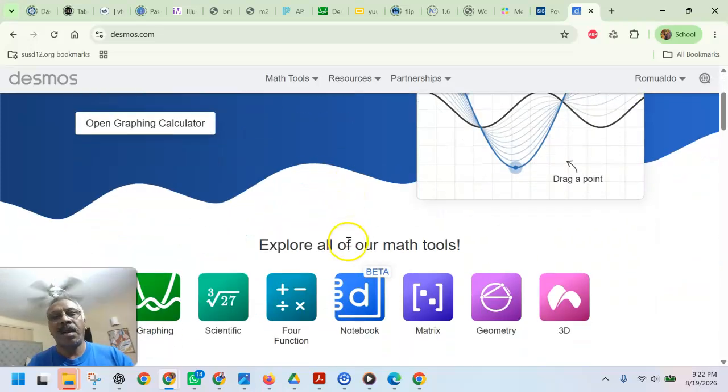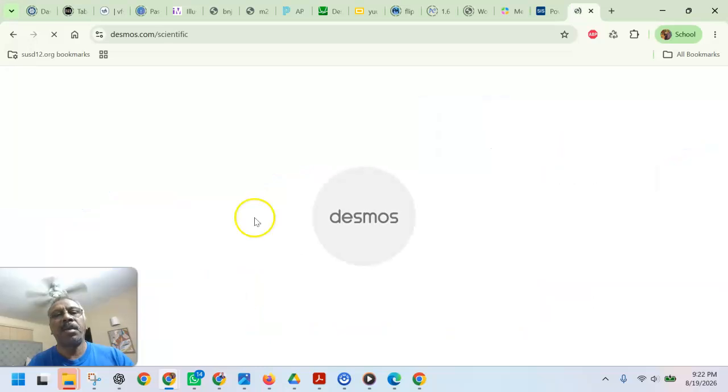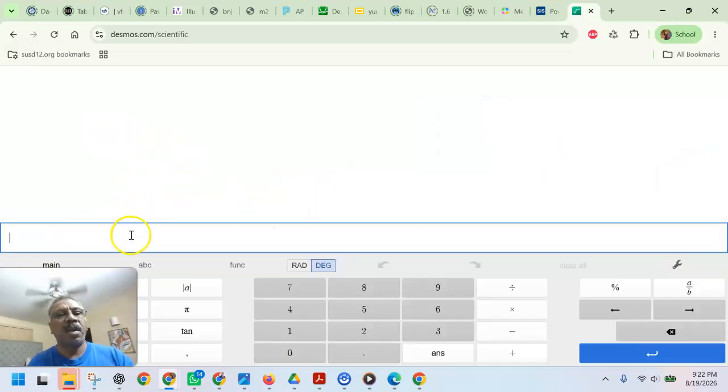I'll use the simple scientific calculator here. It was 80 times, you can see there's an 80 here. So multiply and put parenthesis.